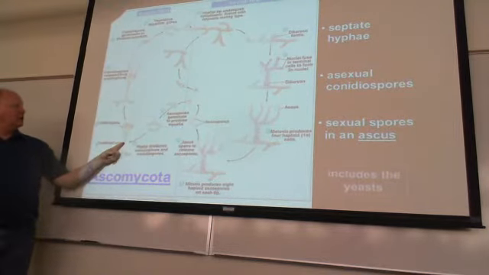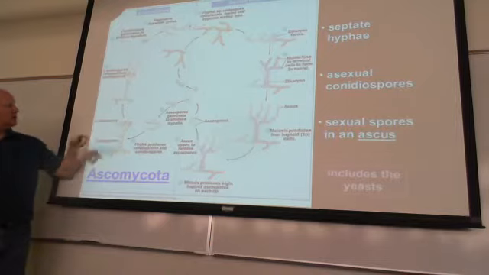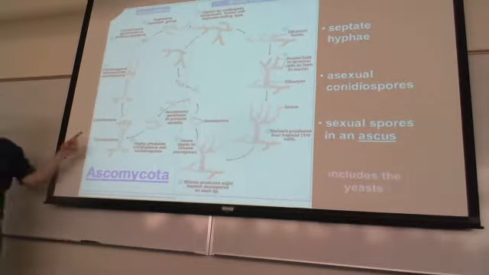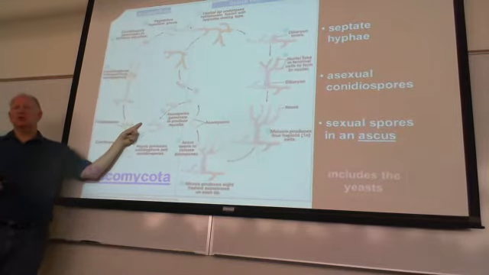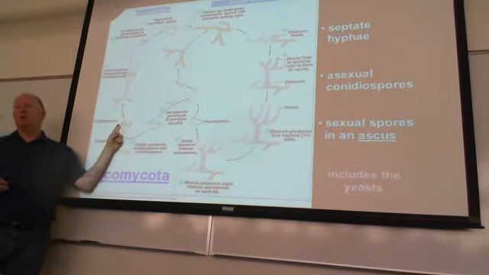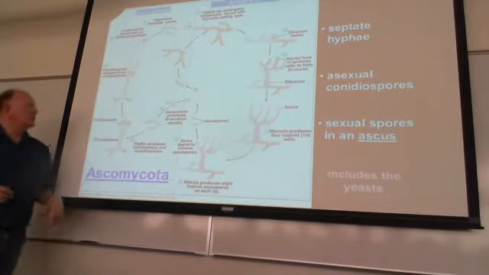And here's your conidia, and at the tips you have these little conidia spores. And there's no sac. So asexual reproduction looks different in the ascomycota compared to sexual, as we'll see in a moment.